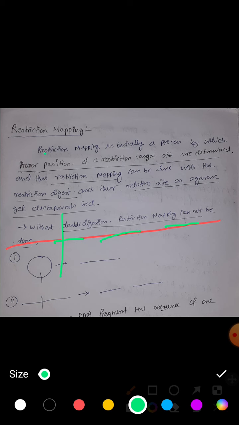Okay, so that is what restriction mapping is, and why is restriction mapping important?